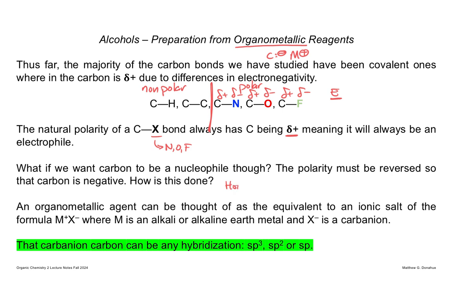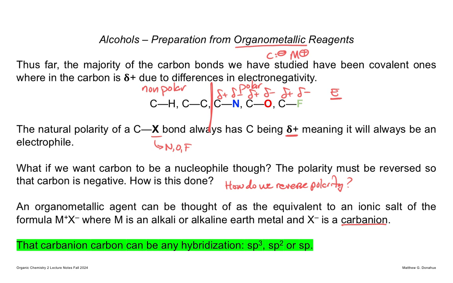So how do we reverse polarity? We need to take the carbon from delta plus to full minus so that it can act as a nucleophile. And so that is a carbon anion.